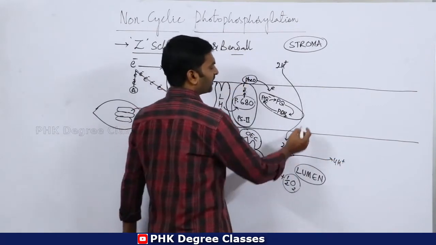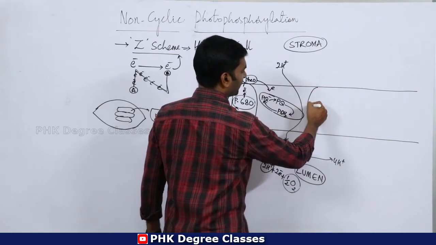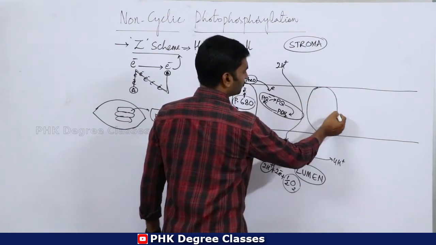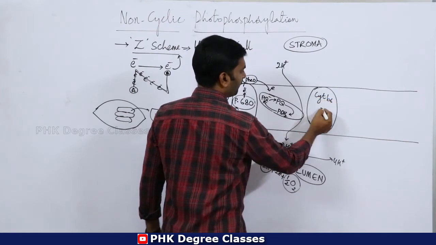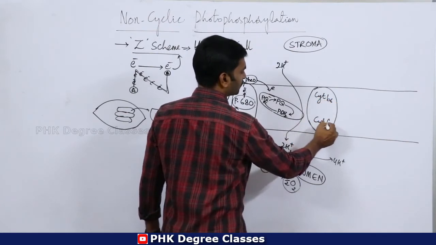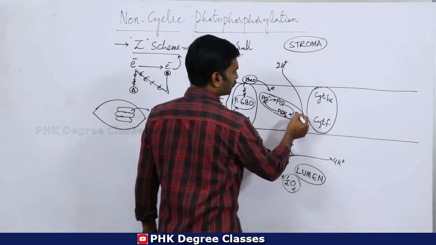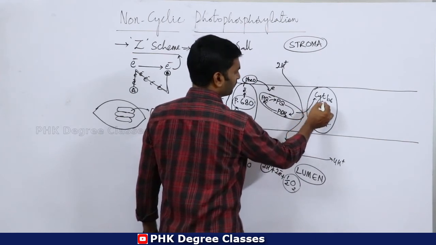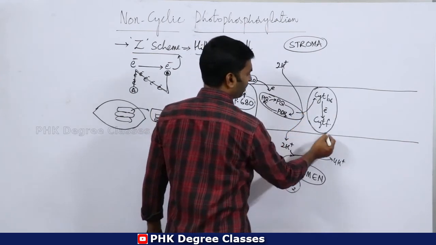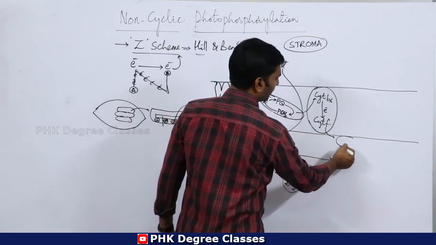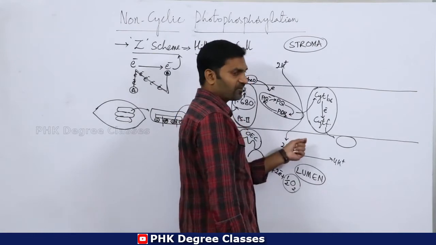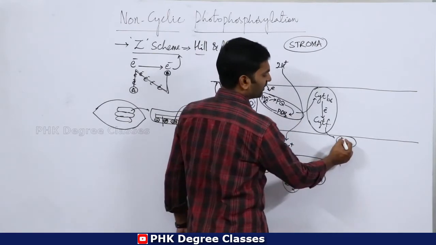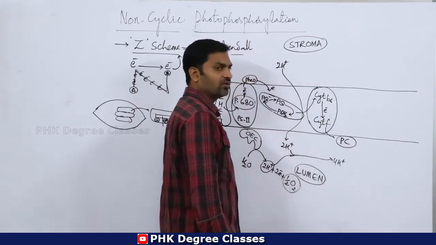Clear? Then there is another complex, that is the cytochrome b6 and f complex. The electron moves to cytochrome b6 and reaches cytochrome f. Then there is a mobile carrier, which moves from one location to another location, that is PC, which stands for plastocyanin.